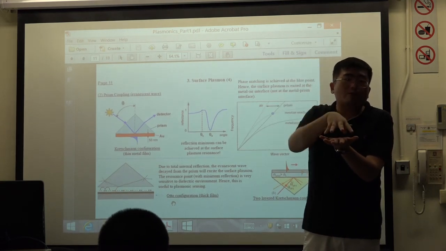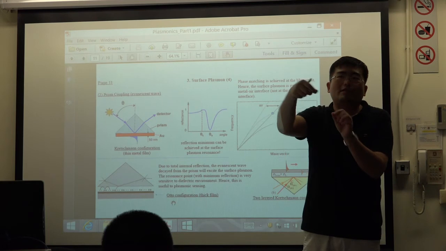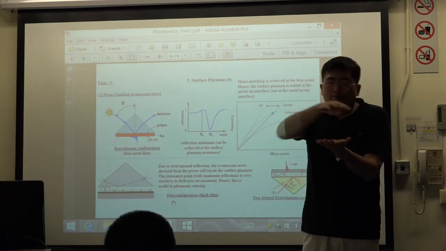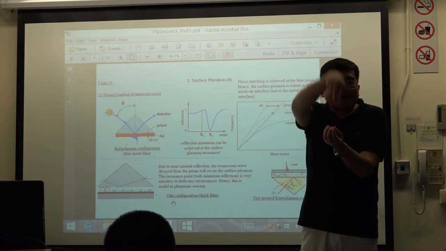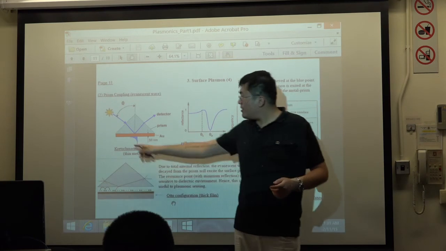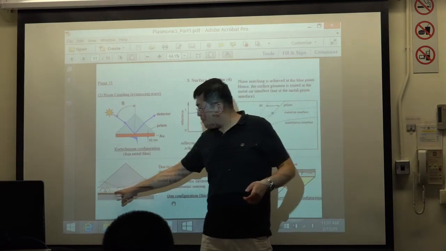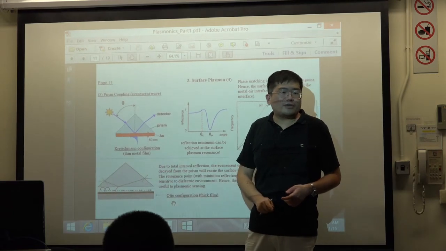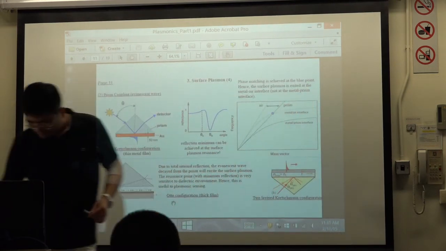If we put some normal cells, nothing happens, because antibody and antigen cannot match together. But if you put some cancer cells, when they match together, they do a chemical reaction and change the environment above this metal. That shifts this angle. It's similar to that.